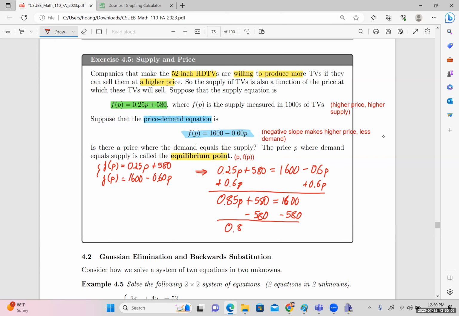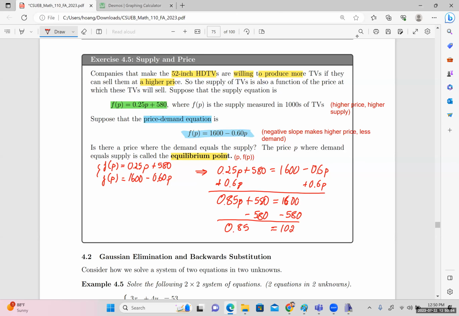Then I have 0.85p equal to 1,020. So then p will be equal to 1,020 divided by 0.85. We are going to have p equal to 1,200.